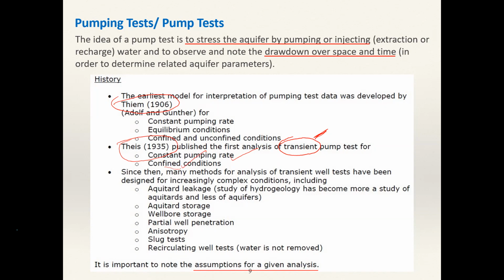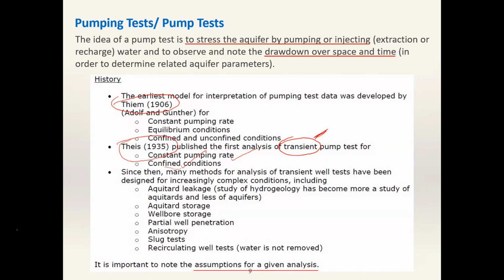Later on, researchers developed many analytical solutions to address these assumptions. For example, here we assume that the aquifer is confined. Later on, researchers developed analytical solutions: what happens when the aquifer is unconfined?